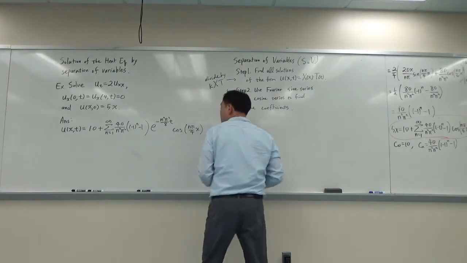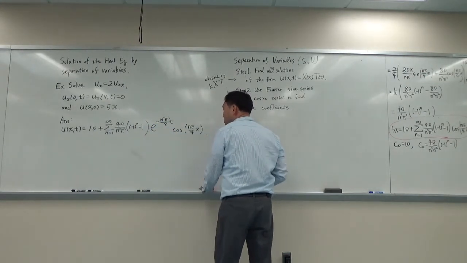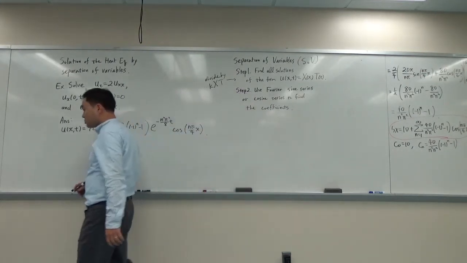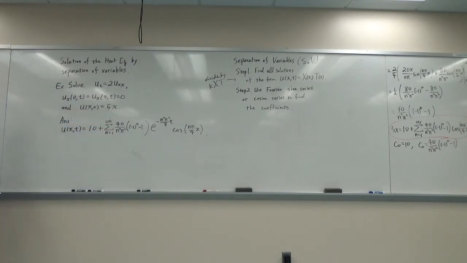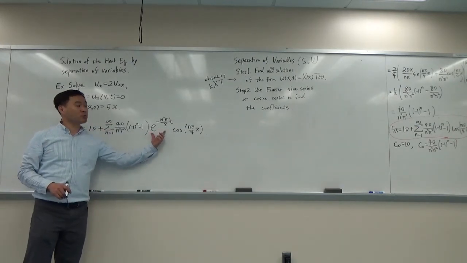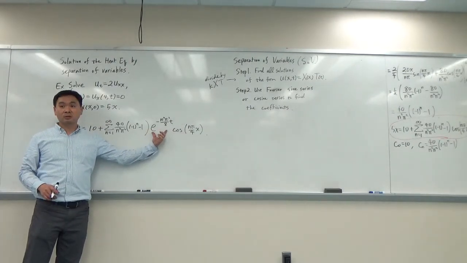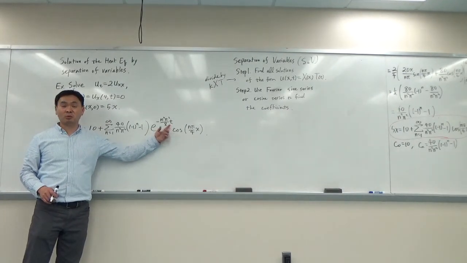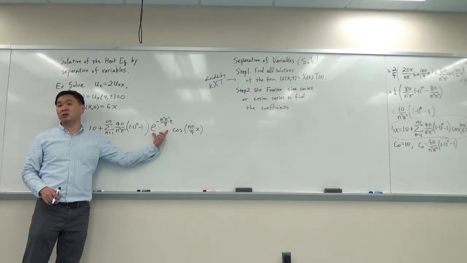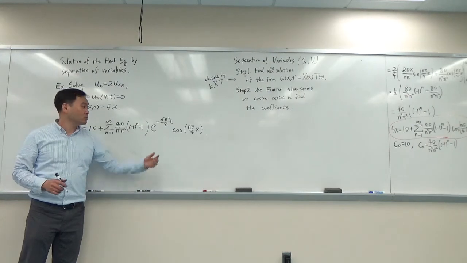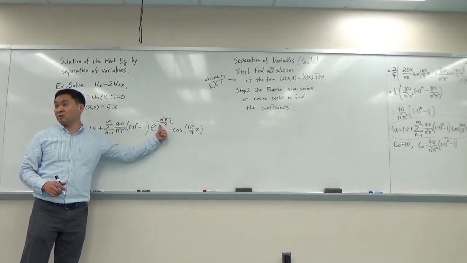Now, there's some additional stuff that you want to think about in this solution. What does this do? When t becomes bigger, what happens to this function? You have some really large negative value, right?